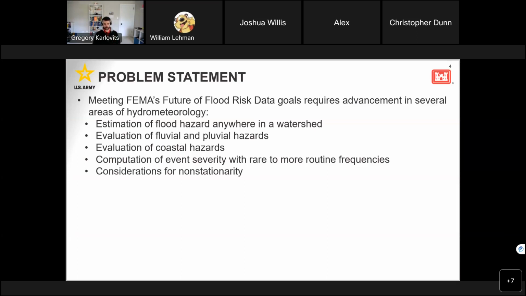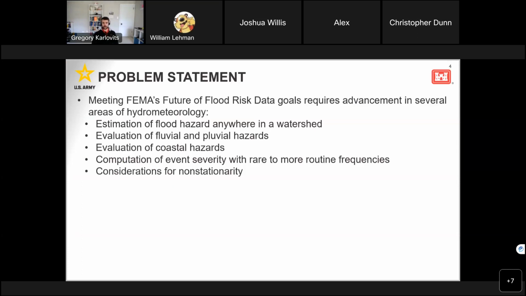So that's both flooding that comes from a river and flooding that can happen off river, usually due to things like infiltration excess, run-on, stormwater conveyance issues, things like that. But we have to be able to look completely at any point within a watershed, not just a handful of key damage areas, at what the flood hazard might be. And you can already imagine, if you've done traditional design storm modeling, how that can be really challenging to do.